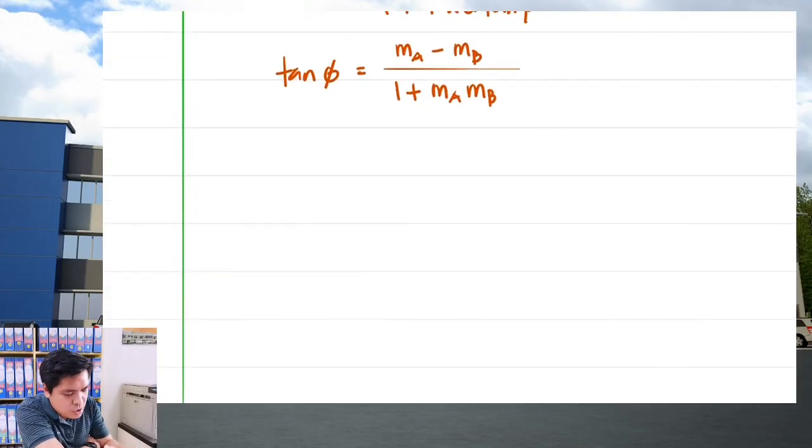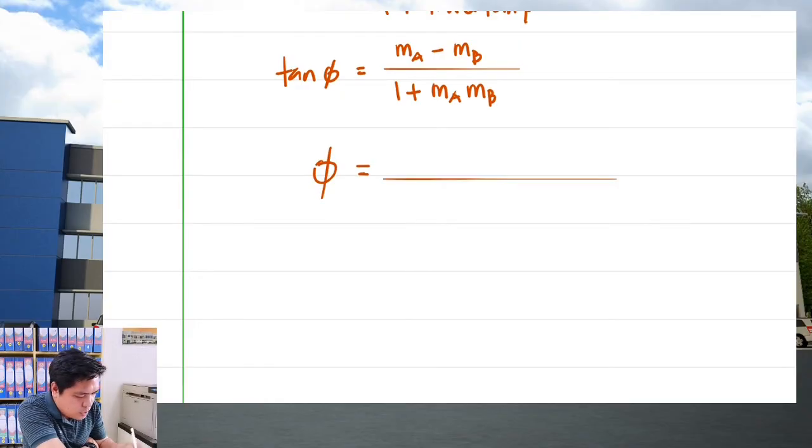Okay, so if you want to solve now the angle of intersection between the two lines, you just need the slopes of the two lines.